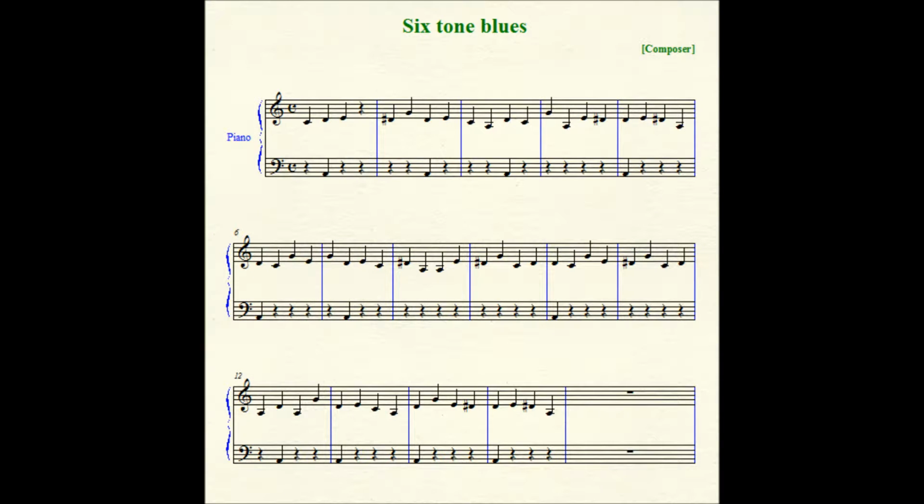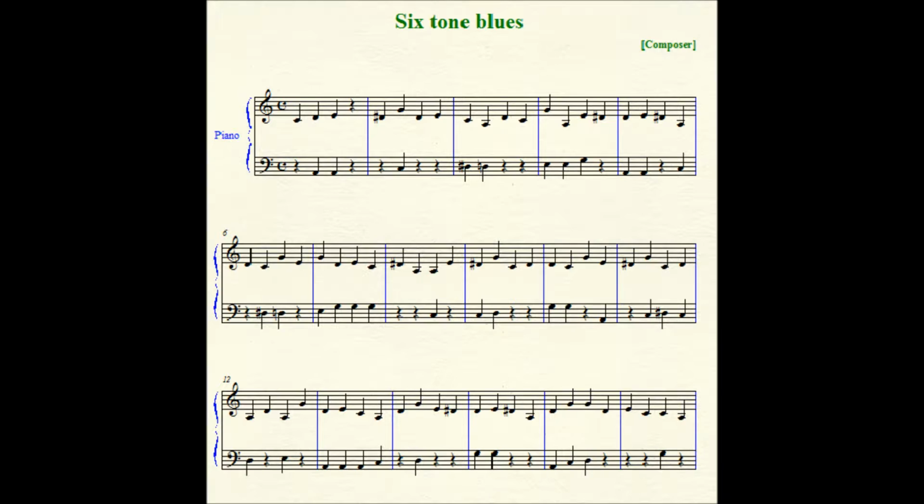Here we've done the same thing in a jazz mode known as the blues mode. The six-tone blues produced my favorite melody, so I wanted to work with it a little more.